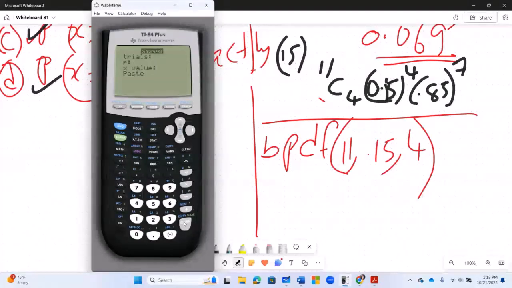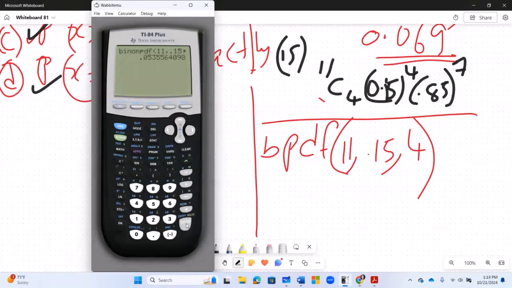What is the number of trials? In other words, what is the sample space? The sample space is 11. What is the probability of success? It's 0.15. What is the random variable? The random variable is 4. Hope you know it cannot be a decimal. Random variable is not allowed to be decimal. So I am going to hit enter.